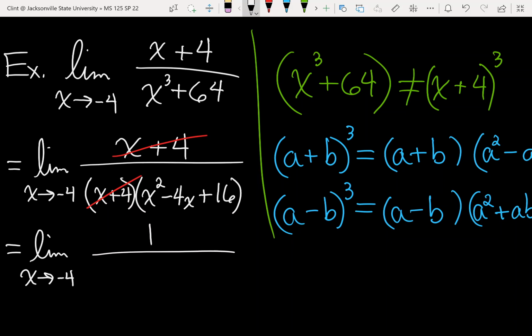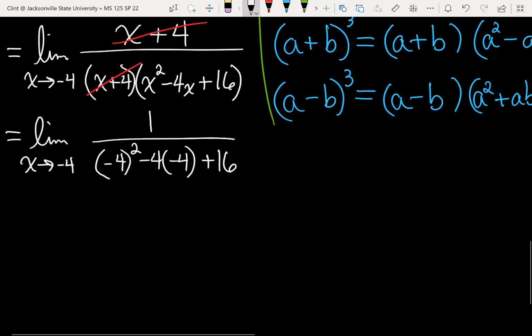So then on the bottom we've got negative 4 squared, minus 4 times negative 4, plus 16. So negative 4 squared is 16, plus 16, plus 16. So our limit is 1 over 48.